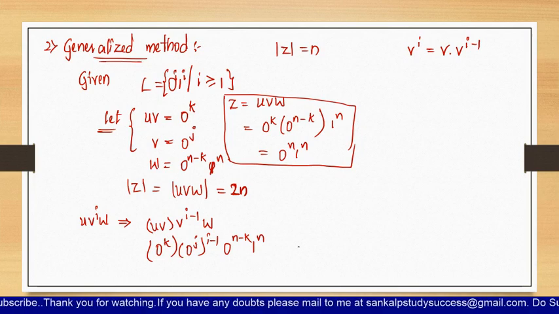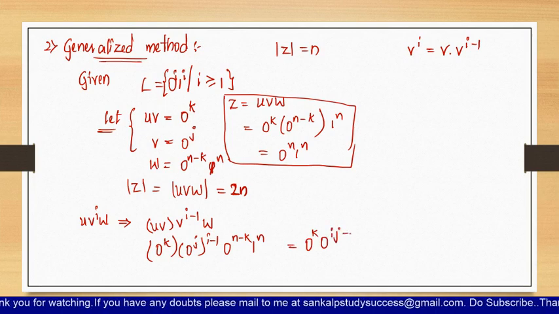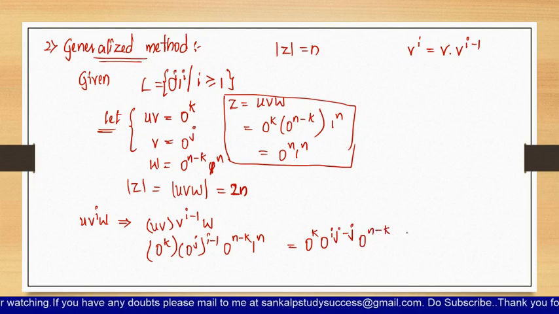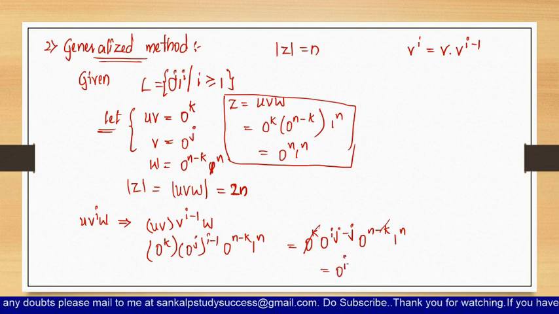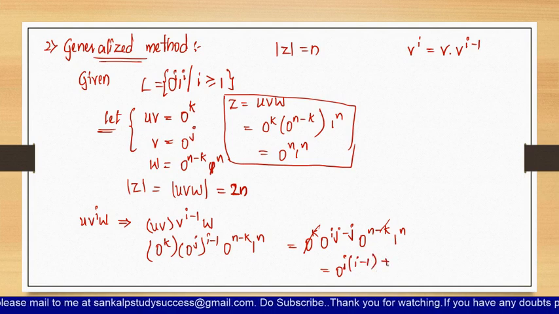Now if you solve it, it is 0 power k, 0 power ij minus j, 0 power n minus k into 1 power n. This minus k and plus k get cancelled. So then we will be left with 0 power j of i minus 1 plus n and 1 power n.